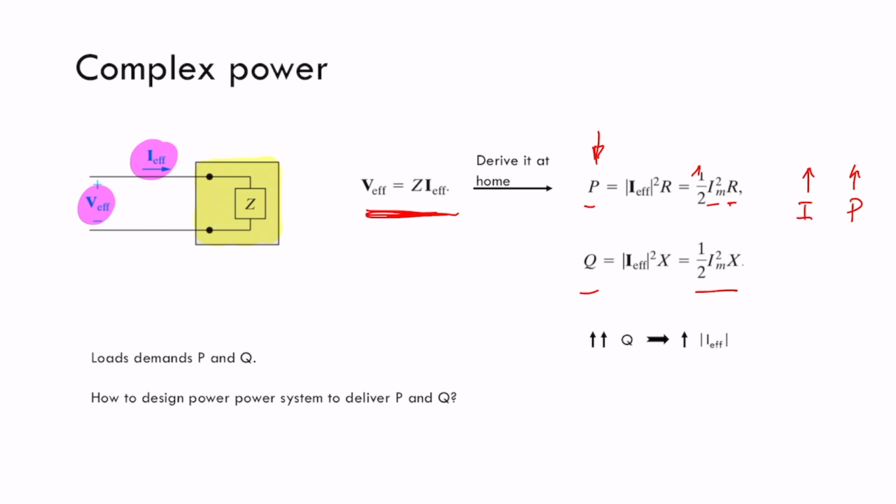In a similar way, the current is connected with the reactive power, which means that if you have high reactive power, you will have high currents.